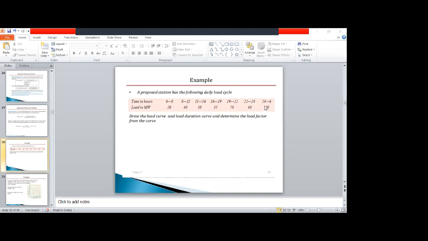Again that will be continued here, 6 to 8 a.m., 20. That means a total of 6 hours plus 2 hours from 6 to 8, that is for 8 hours the load is 20 megawatts.